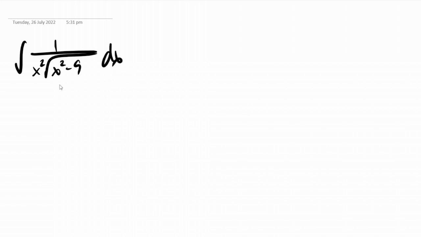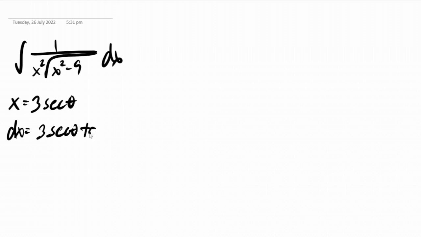So from here we can see that it is x squared minus a squared, which is equal to a secant squared. So x is equal to, this is a squared, so a is 3, 3 secant theta, and the derivative of 3 secant theta is 3 secant theta tangent theta d theta, right? So substitute x and dx.